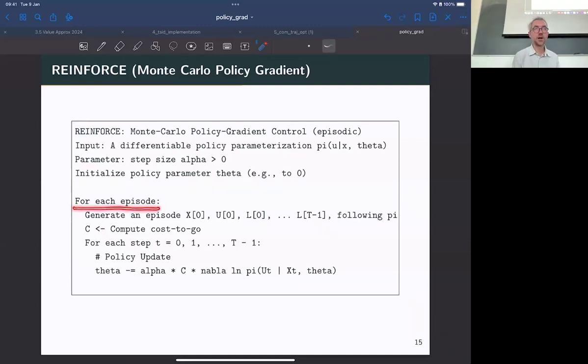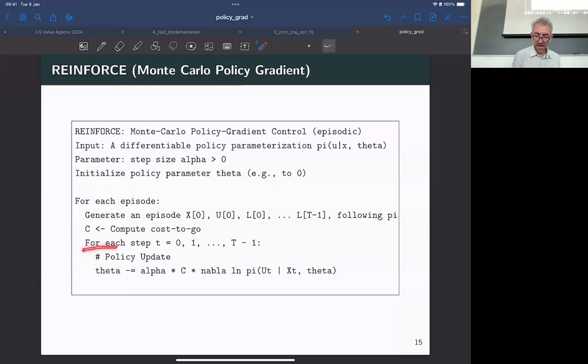And then you run episodes for a given amount of time. You generate an episode, which is just a sequence of state, control, cost, state, control, cost until the end. And you do this episode using the current policy pi, which is stochastic. You compute the total cost to go of the episode.